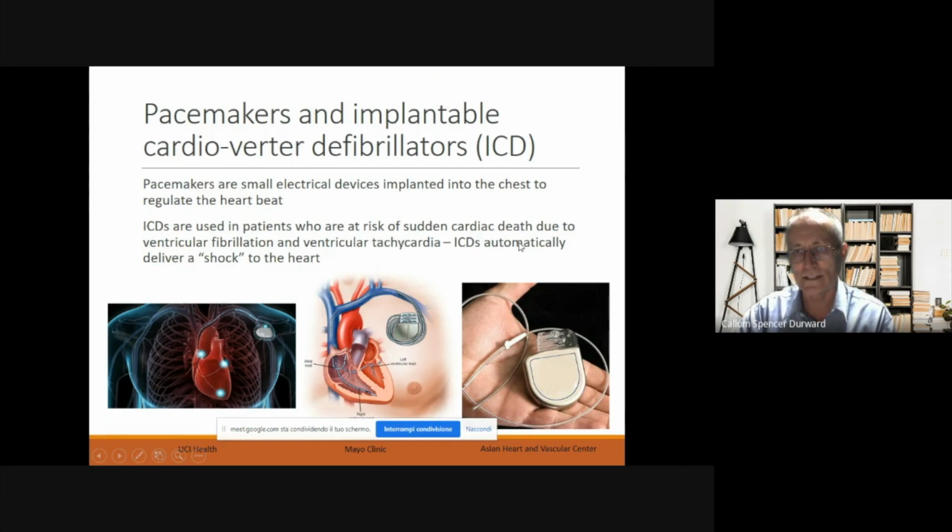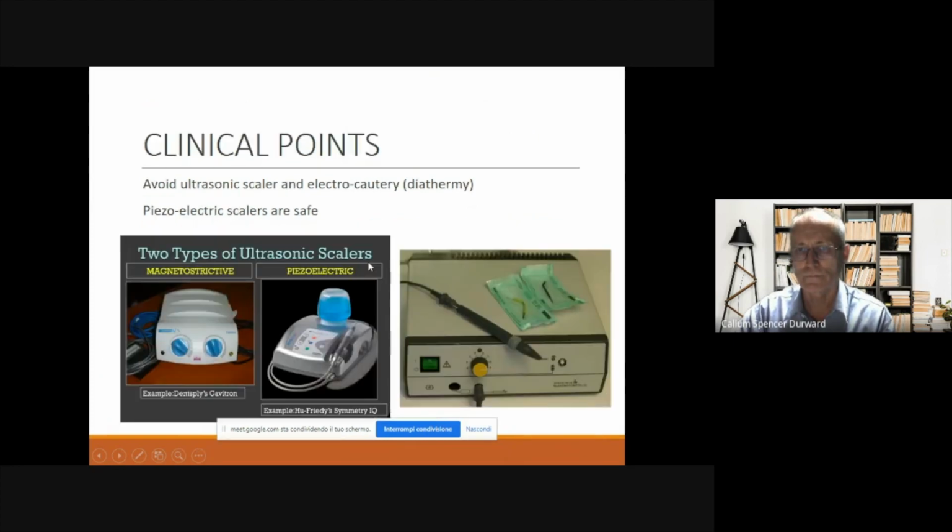The ICDs will automatically deliver a shock to the heart. Some clinical points: in these patients, avoid the ultrasonic scaler and electrocautery. However, piezoelectric scalers are safe to use.